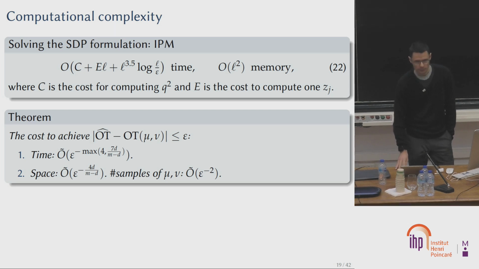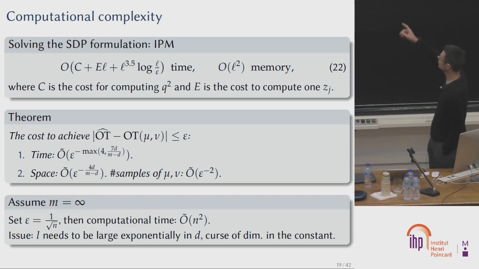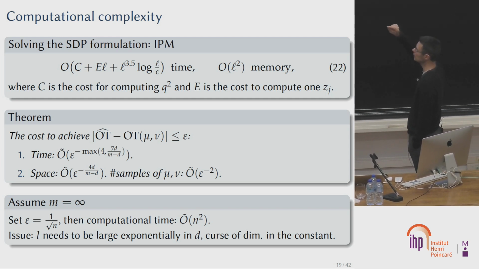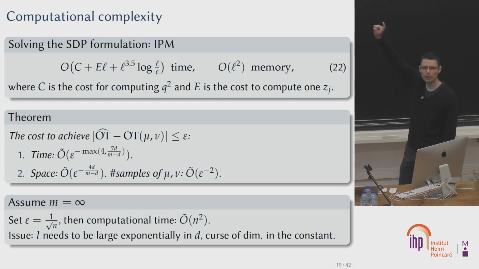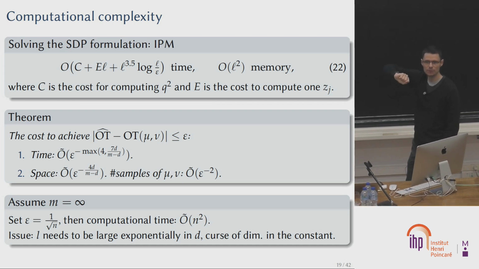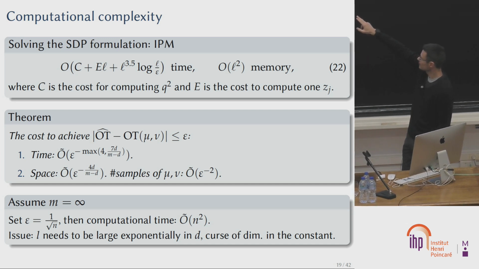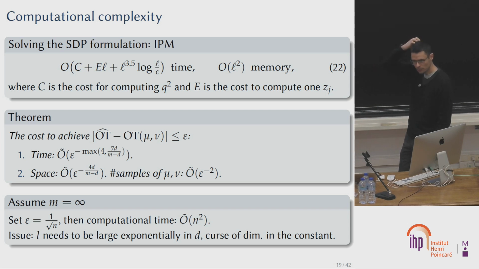And so instead of looking at this particular slide, the main point that I want to make here is that, remember the first case that I presented with Gaussians. If you take n samples, and you set accuracy epsilon to 1 over square root n, which is what I presented, we have a computational cost.